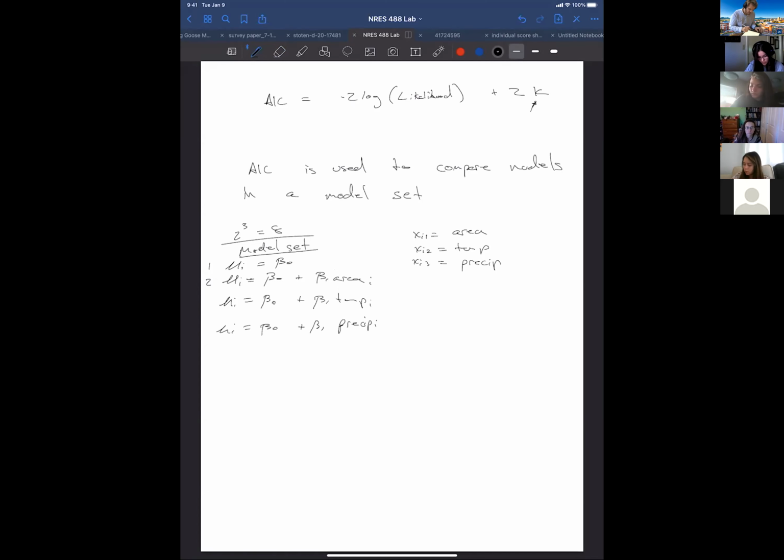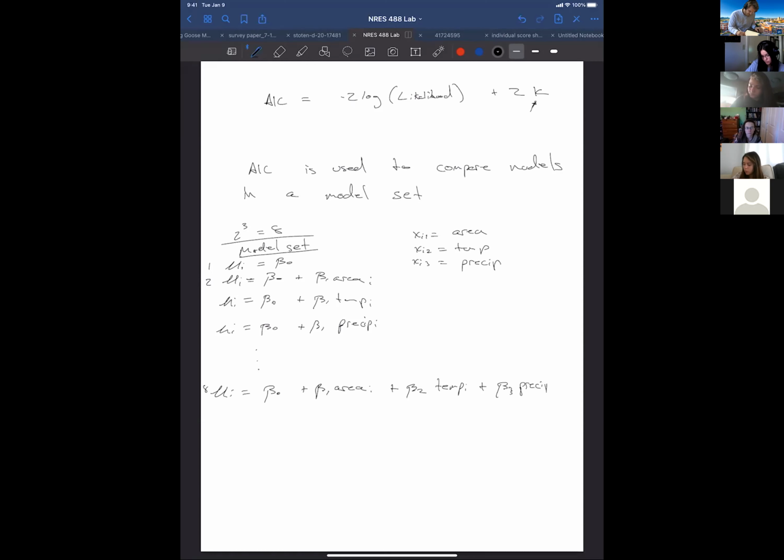And then we had 4 other models total. And then our final model, model 8, was mu i equals beta 0 plus beta 1 area of state i plus beta 2 times the average temperature of state i plus beta 3 times the average precip of state i.